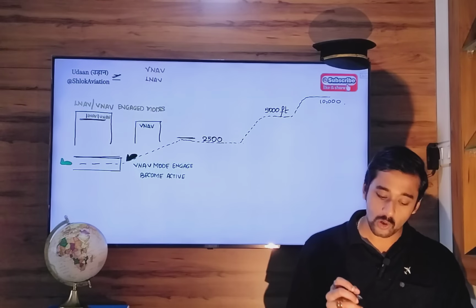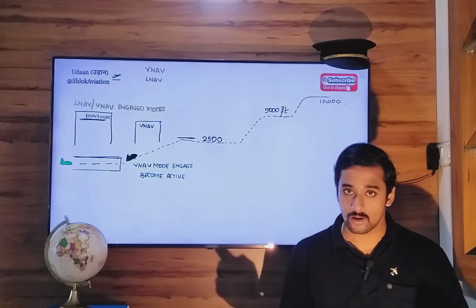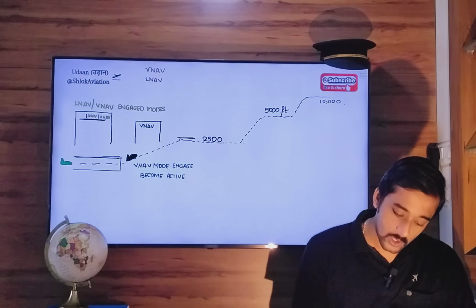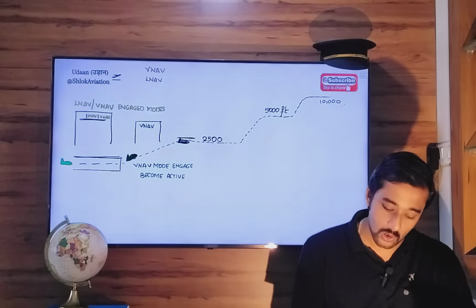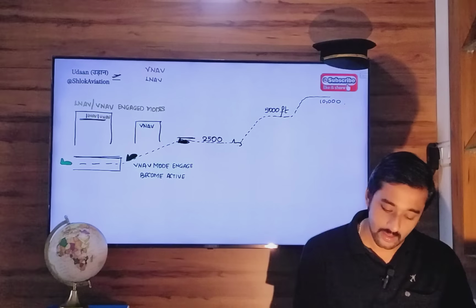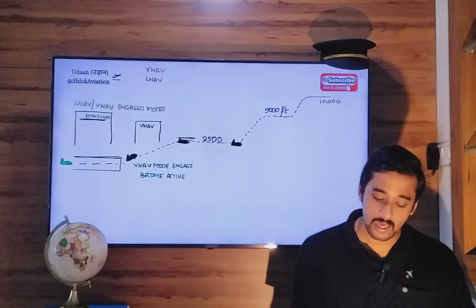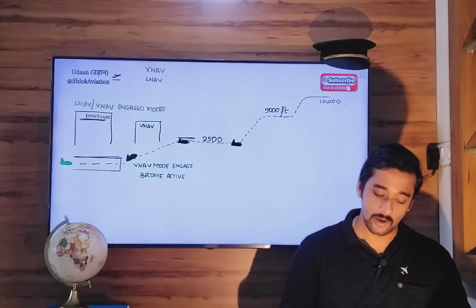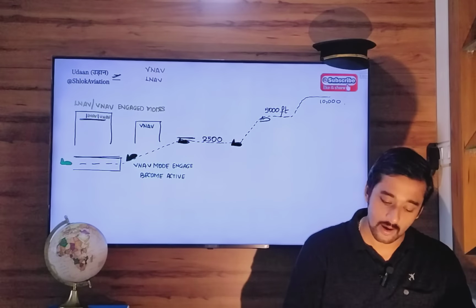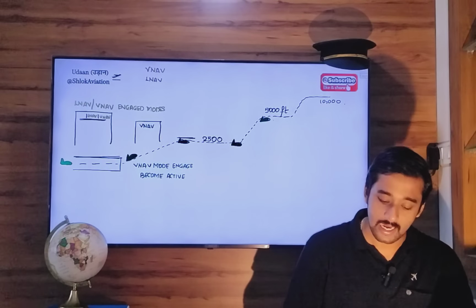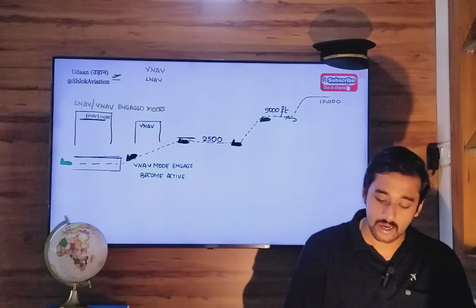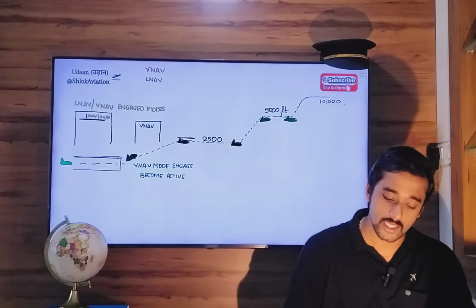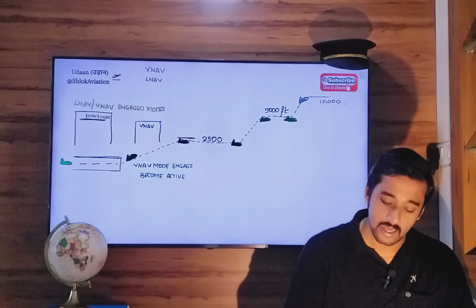When you approach 2500 feet, your aircraft will automatically start maintaining this altitude up to this point. At this point, VNAV will become engaged again and your aircraft will start climbing towards 5000 feet. Then fly level for some time and then again climb towards a higher altitude of 10,000 feet.